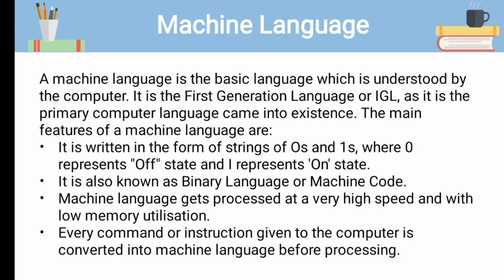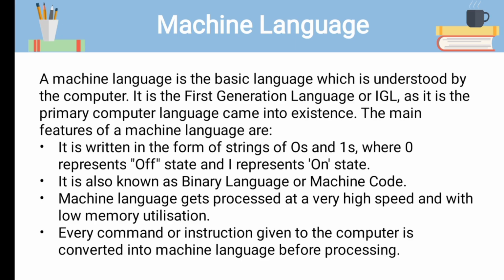Machine language is a basic language which is understood by the computer. It is a first generation language, as it is the primary computer language that came into existence. The main features of machine language are: it is written in the form of strings of zeros and ones, where zero represents the off state and one represents the on state.